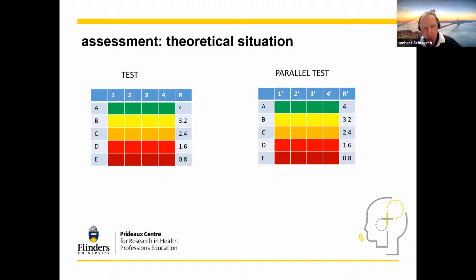Actually, we would assume that if we were to give these 5 students a parallel test, a test which is equally difficult on the same topic but with slightly different questions, that again A would be the best student and E would be the worst performing student, and the rank ordering would be the same.